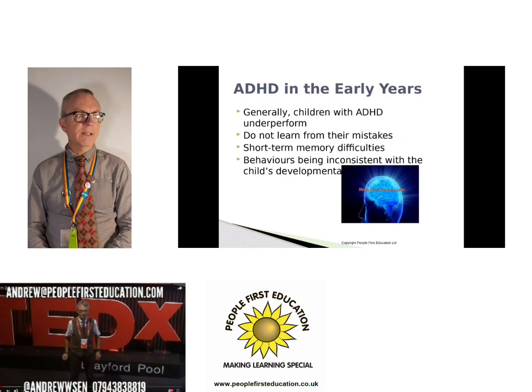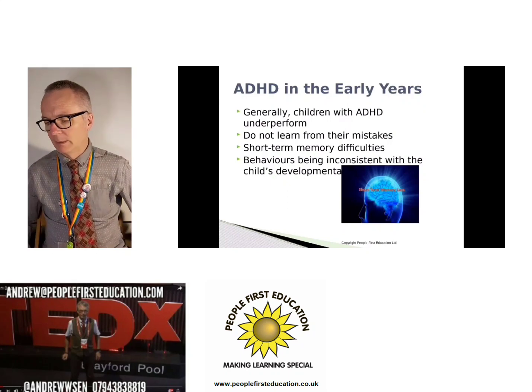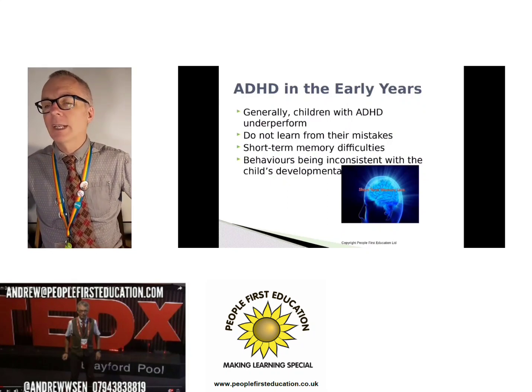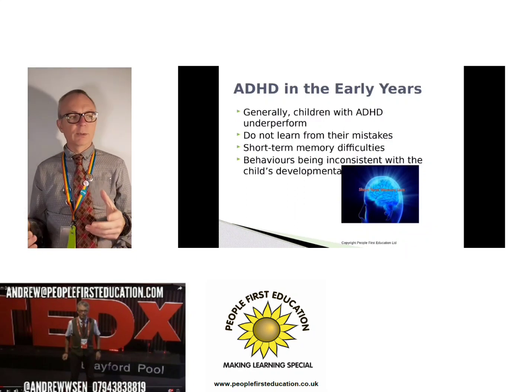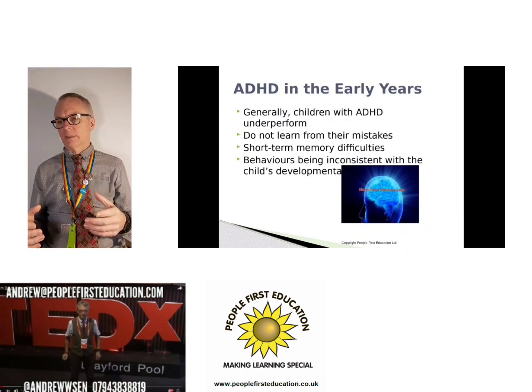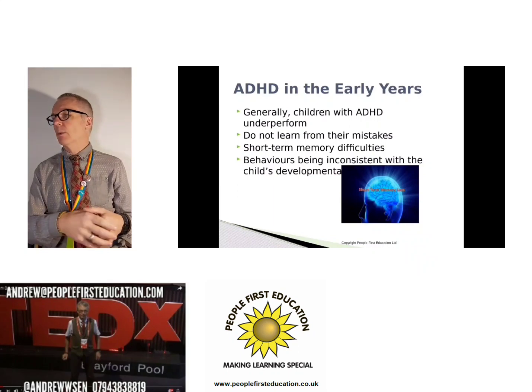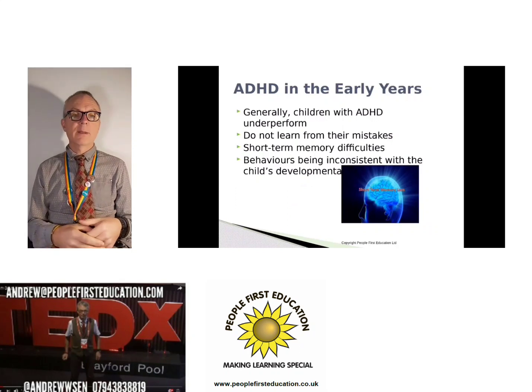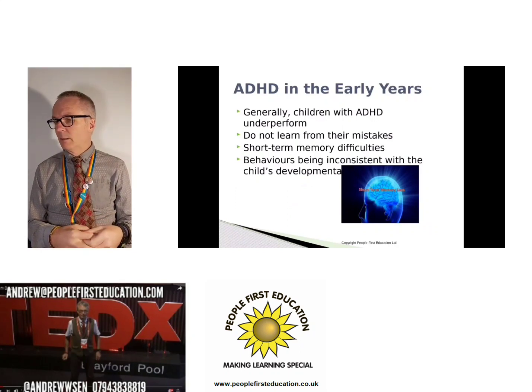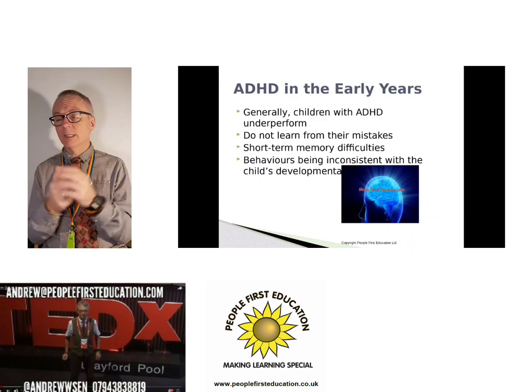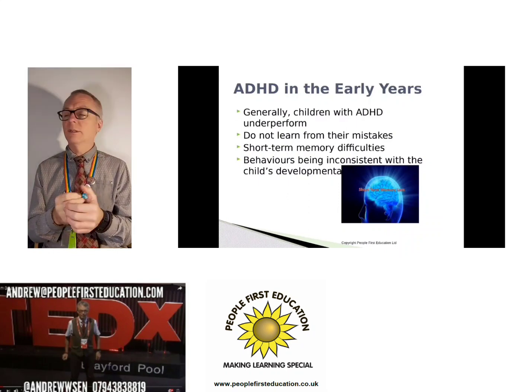Generally, children with ADHD will underperform. They will underperform partly because the learning and teaching is not geared towards their learning styles. They will underperform because they will be expected to concentrate for great long periods of time, and they will underperform because if they're not interested, they really just won't take it in. They don't learn from their mistakes.